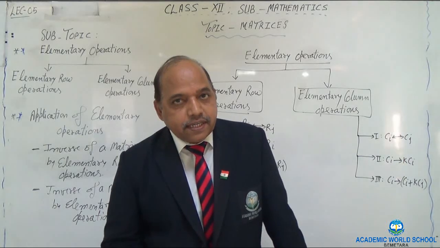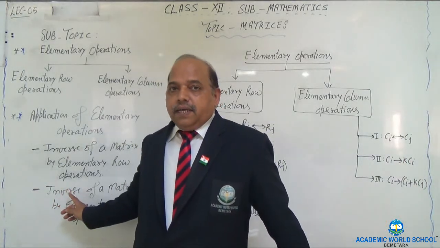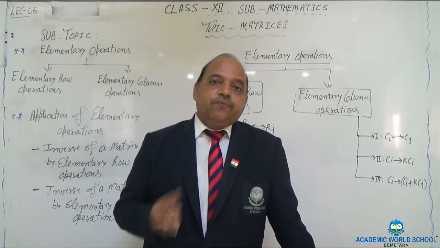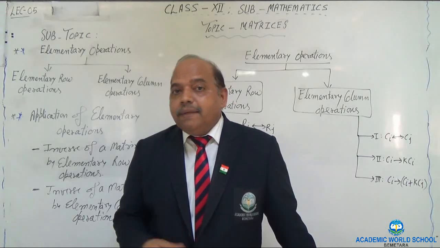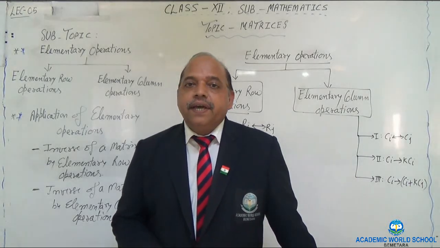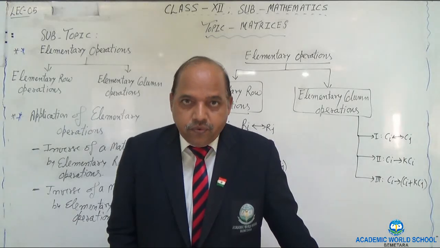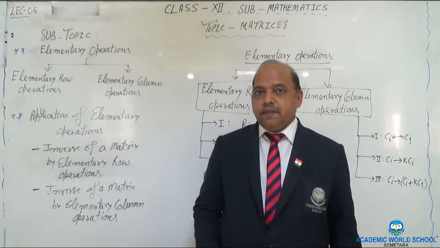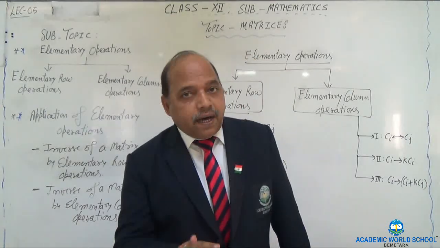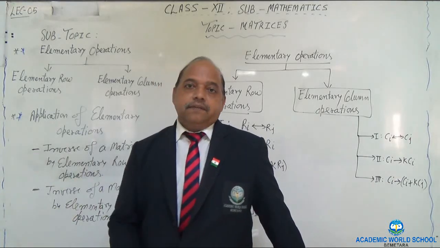And my dear students, remember one thing. This particular aspect of finding the inverse of a matrix using elementary operations is very, very important from the CBSE examination point of view. Why? Because very often a question of 6 marks is asked from only this aspect.